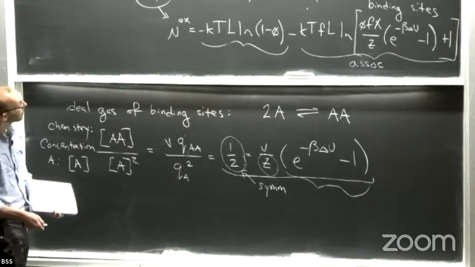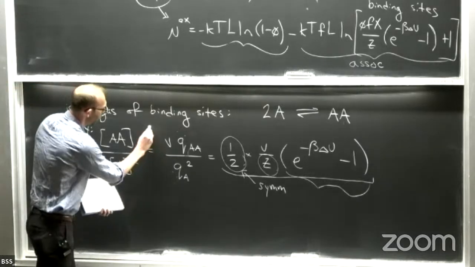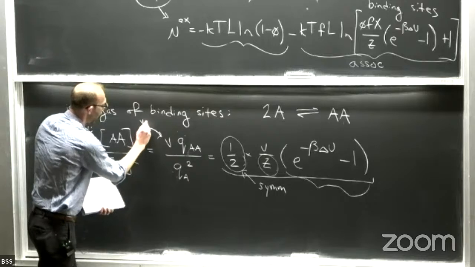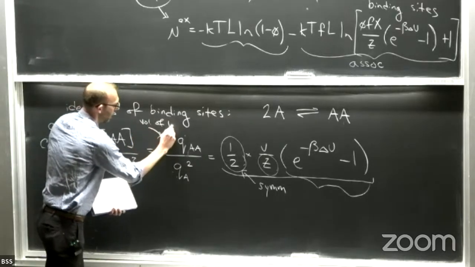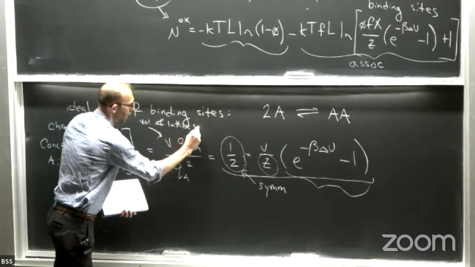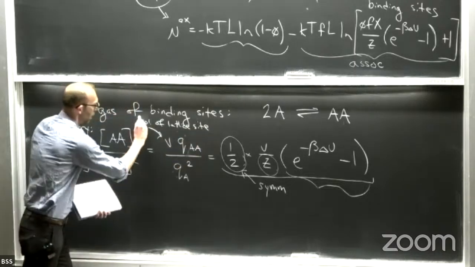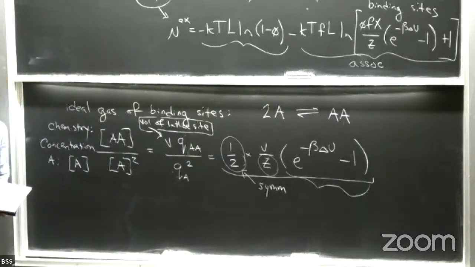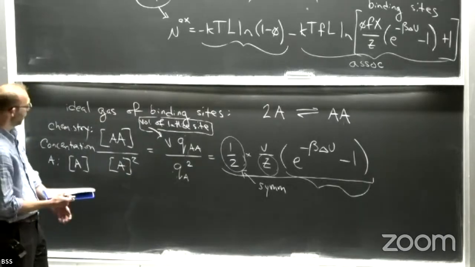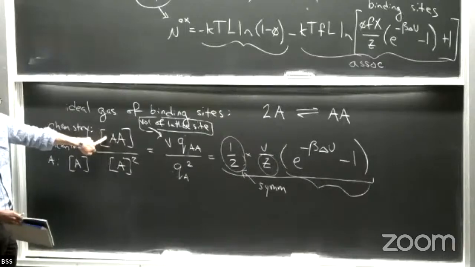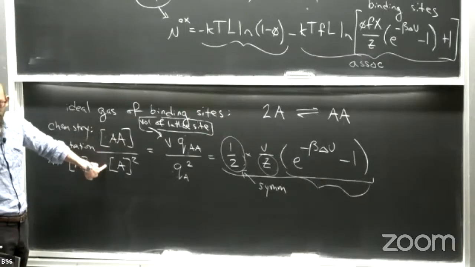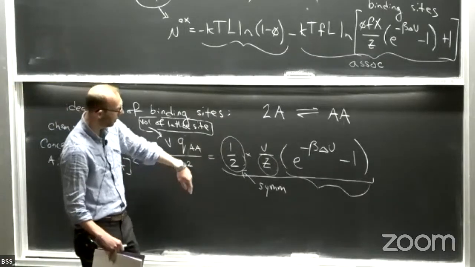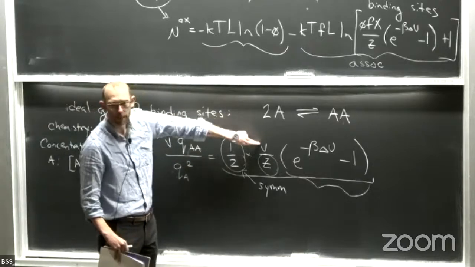V is the volume, right? Yes, from last time, V is the volume of a lattice site. We need this for dimensional reasons, right? Because we have a concentration divided by concentration squared, we should end up with something that has units of volume, and that's here.